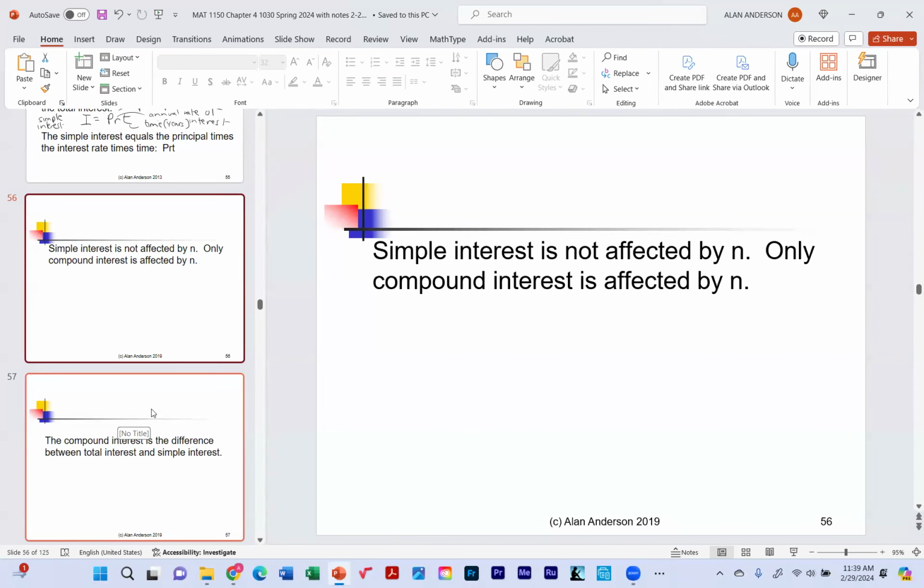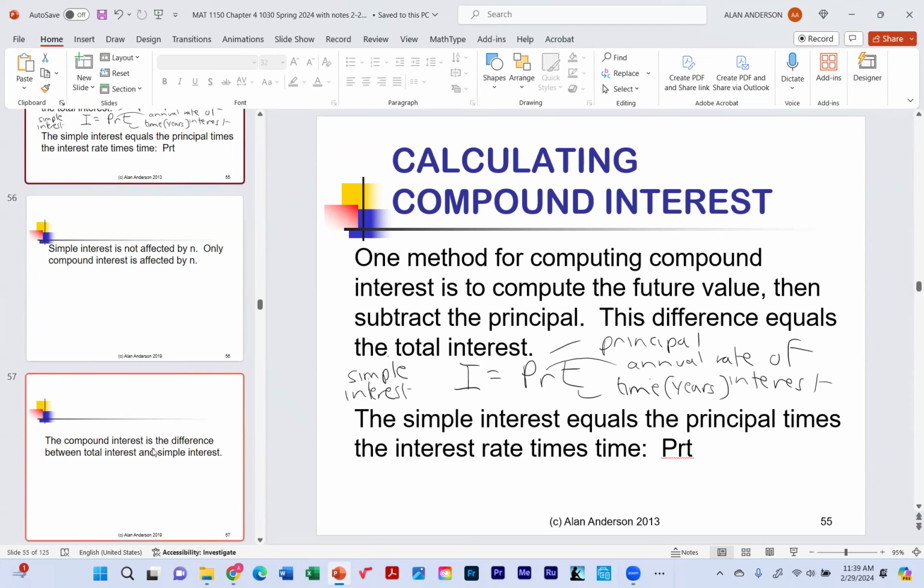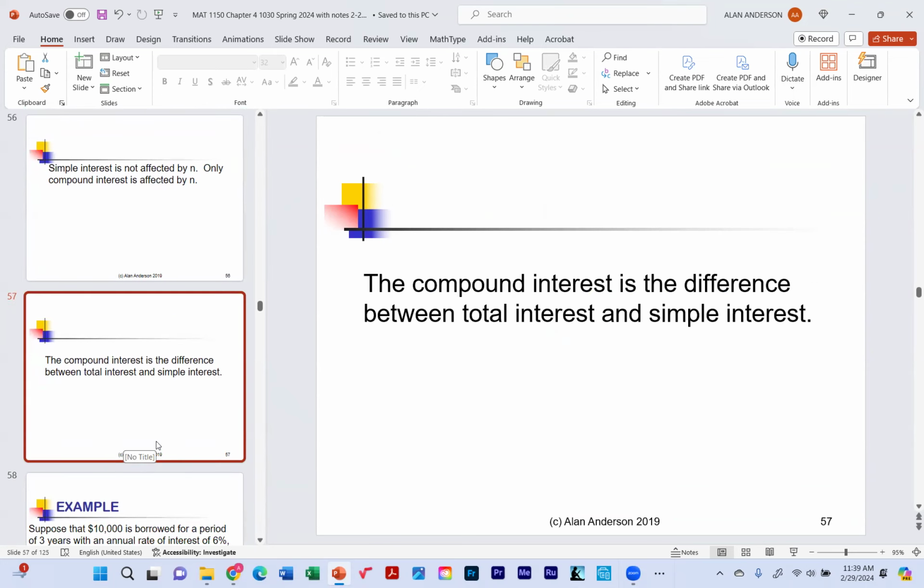Now, also, for our strategy for calculating, since we have a nice, easy formula for simple interest, calculating compound interest is fairly complicated. So this is the strategy that we'll use. If you recall, we said that all interest is either simple or compound.